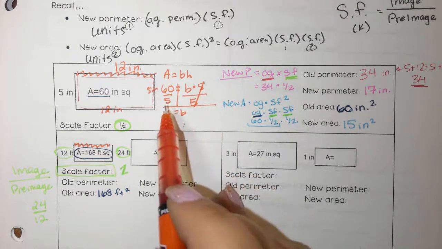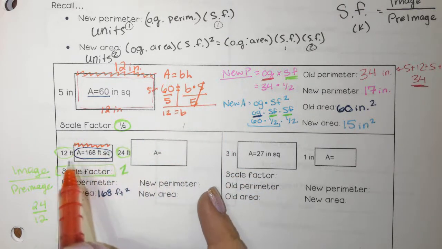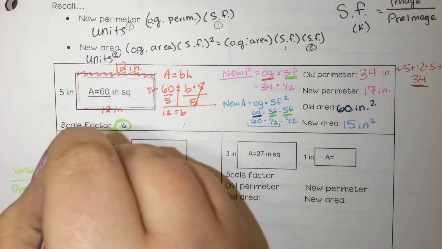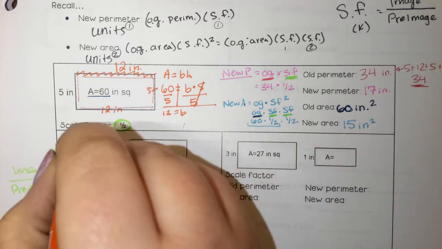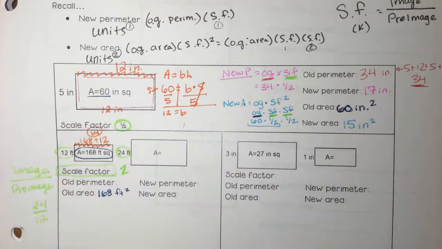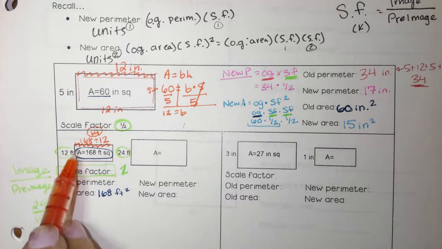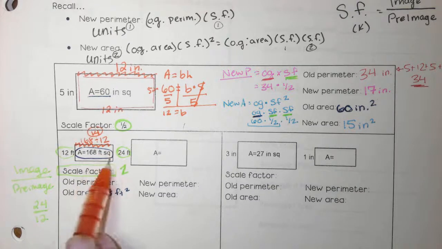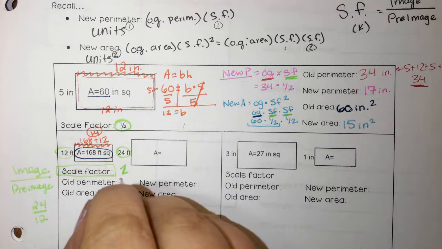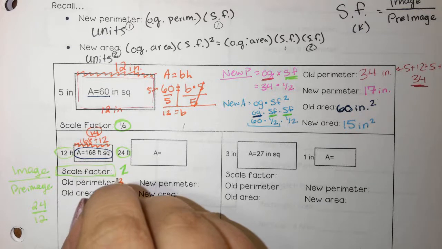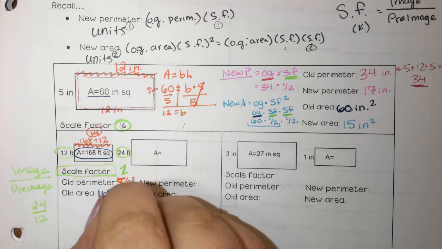We divide by 12 on both sides, so we have 168 divided by 12, and that gets us 14. That side length then is 14. So when we find the old perimeter, we'll have 12 plus 14 plus 12 plus 14, and that gets us 28, and 24 is 36. Sorry, 56. Whoa. 56 feet.